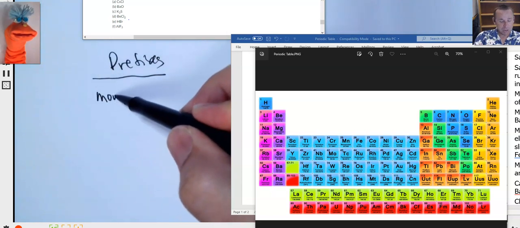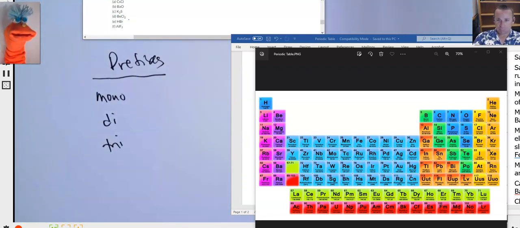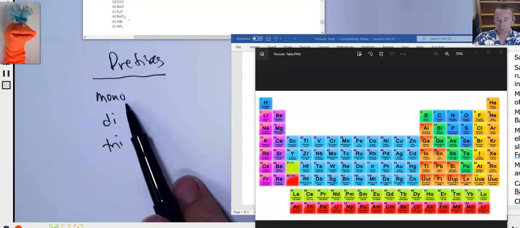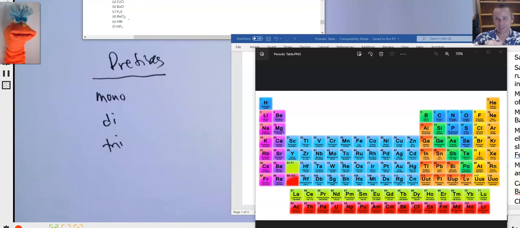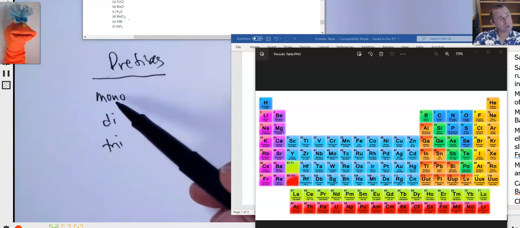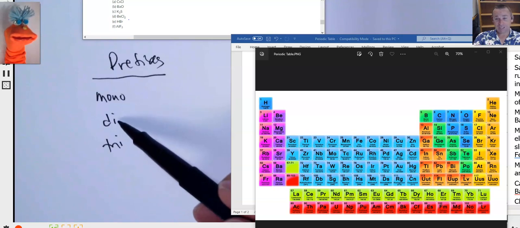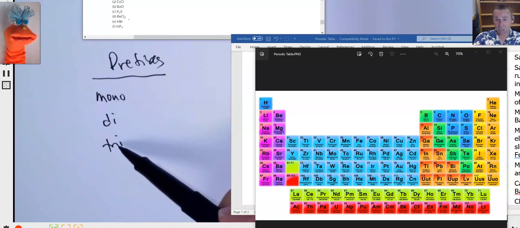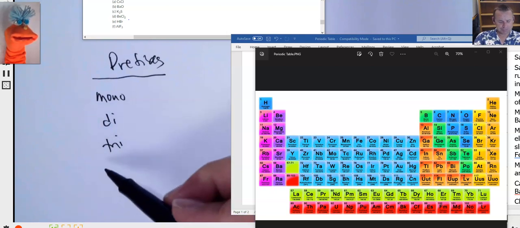It's just mono, di, tri, a monocycle, what do you call those? One-wheel unicycle. Mono, what's one? Mono, I don't know. For some reason that reminds me of one though. Di, that's always 2. Tri, that's always 3. Those are easy. 4 is a little bit tricky though.